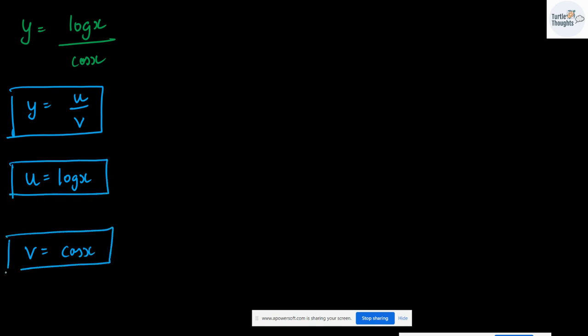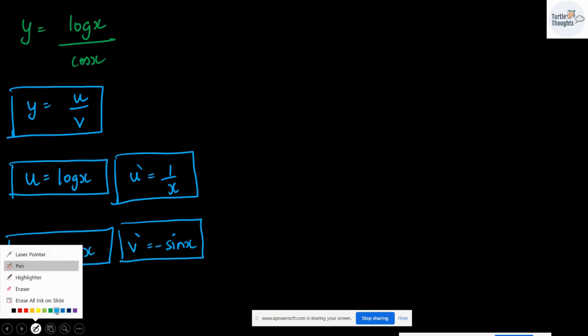U dash is going to be the differential of log x, which is going to be 1 over x. Similarly, I can take the differential of v as v dash, which is going to be minus sine x.